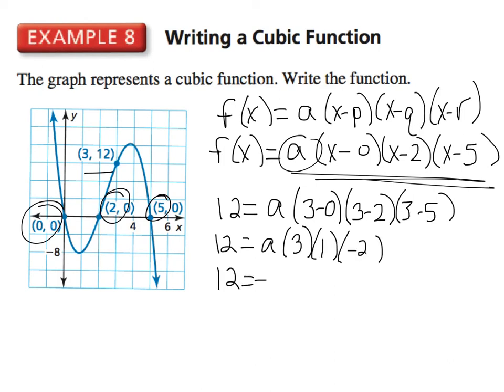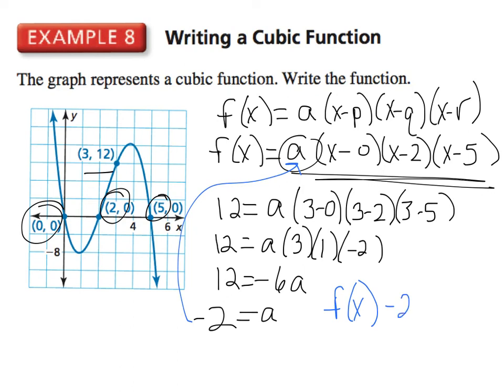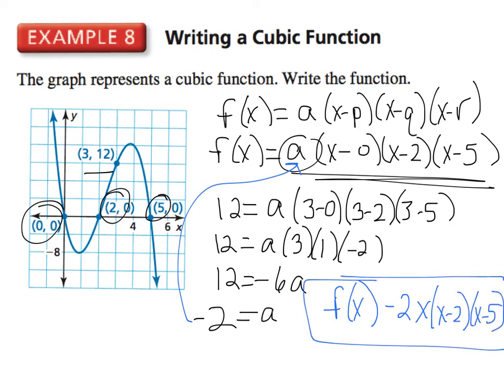That gives me negative 6a equals 12, so a equals negative 2. So I plug the negative 2 back in right there, and my equation would be f of x equals negative 2, and then x minus 0 is just x, so negative 2x times x minus 2 times x minus 5. And there's my answer.